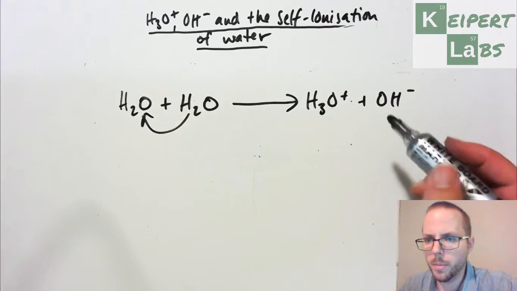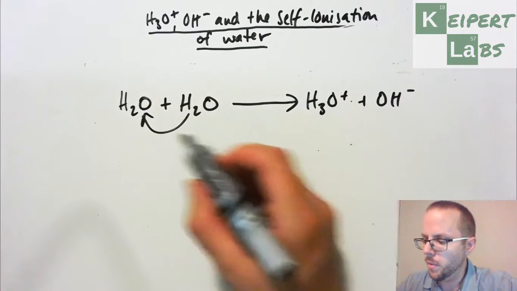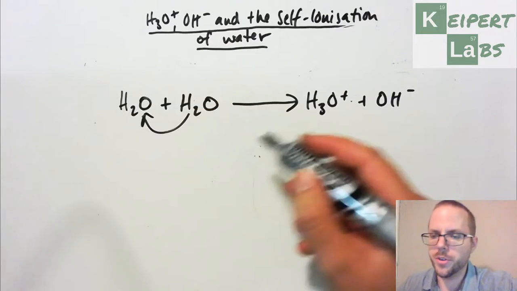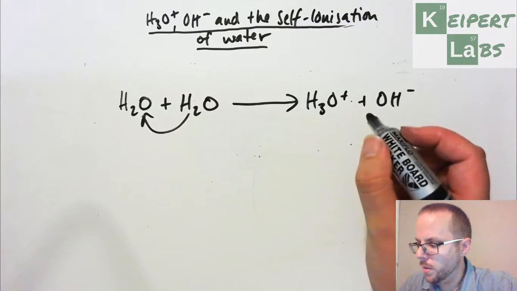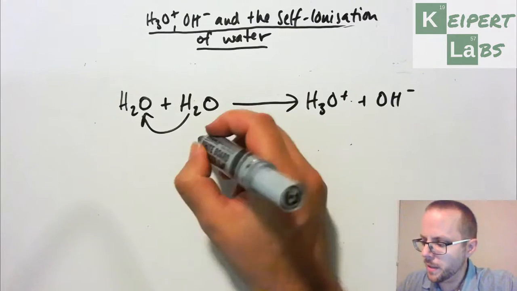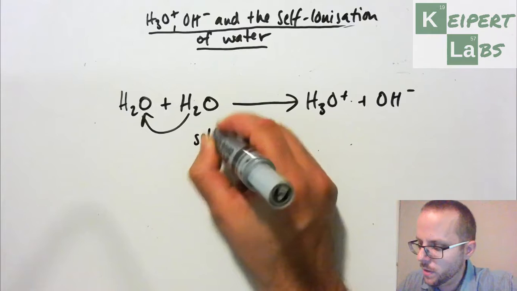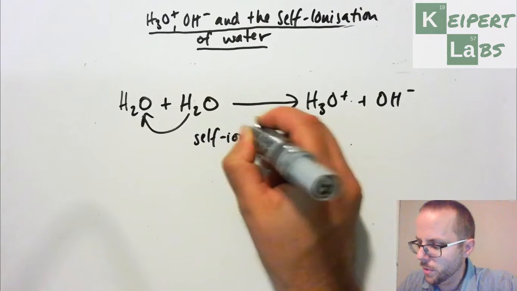Okay, in equal proportions, as for every one proton that's transferred, we get one of each. This is what we call the self or auto-ionization of water.